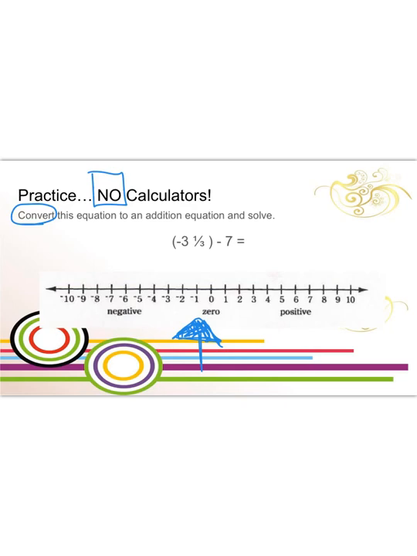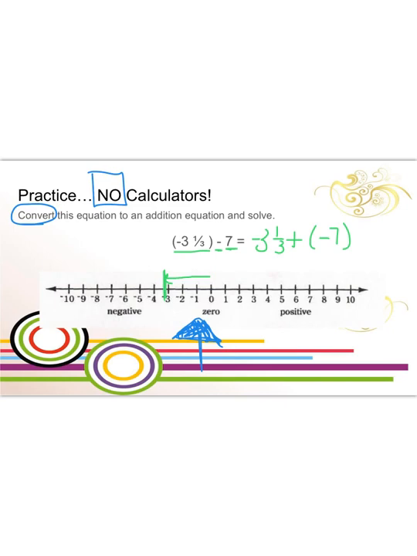All right, so you should have kept -3 1/3. Change subtraction to addition. Change +7 to -7. All right, so we're going to start at 0 and we're going to back it to the left 3 1/3, about right here.